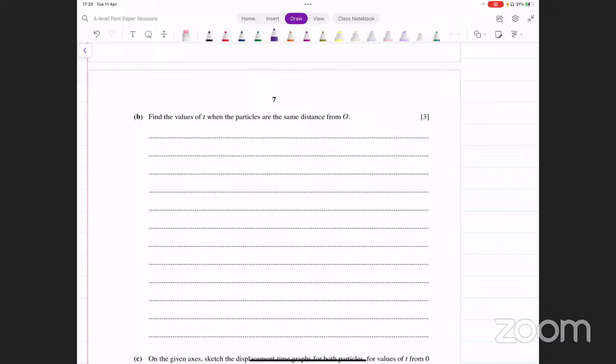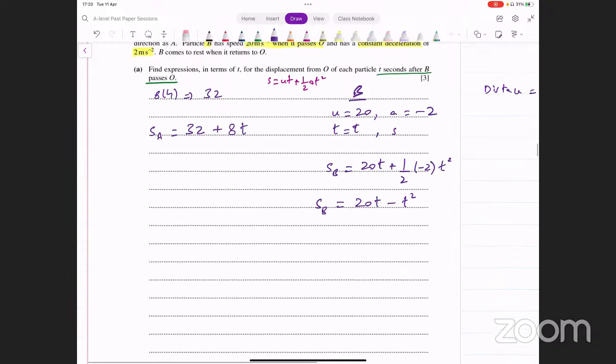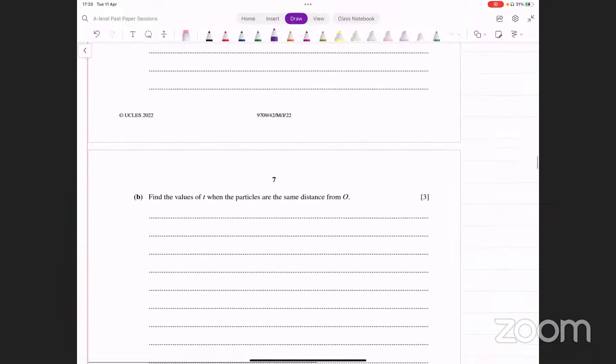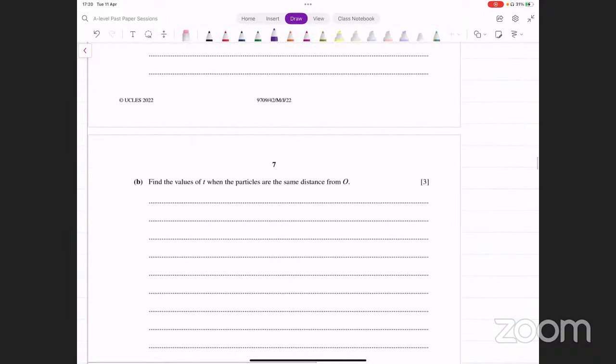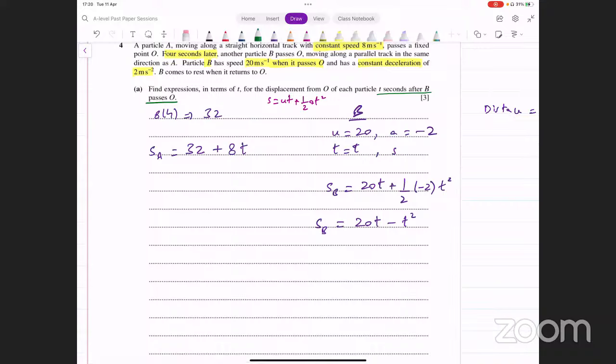Part B says: find the values of t when the particles are the same distance from O. Well, all we have to do is use the two displacement functions. Their distance from O should be the same, meaning their displacements from O should be equal. All you have to do is equate these two displacement functions.